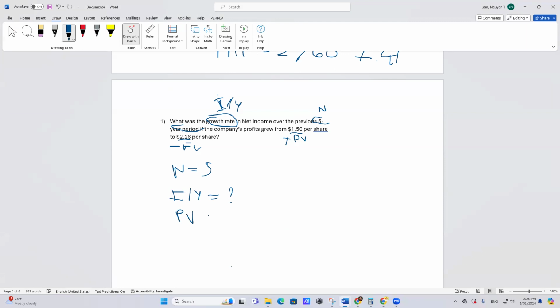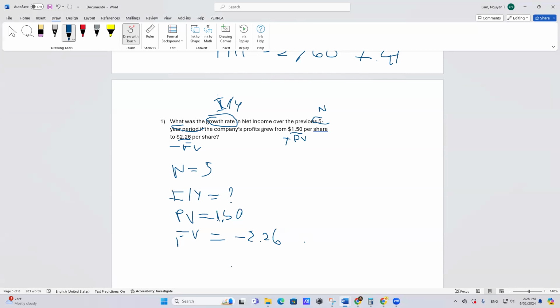It gives you present value, 1.50. Future value, remember to put a negative if you put the present value as positive, 2.26. All right, so four things. 1.50.